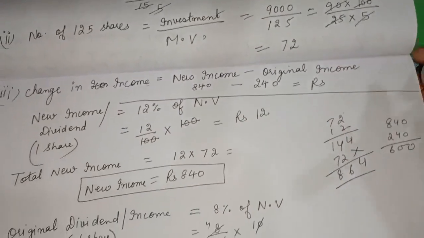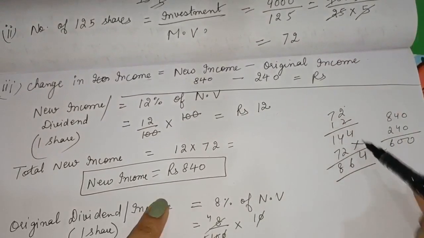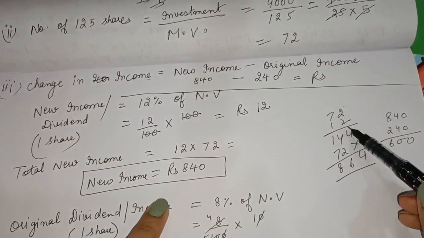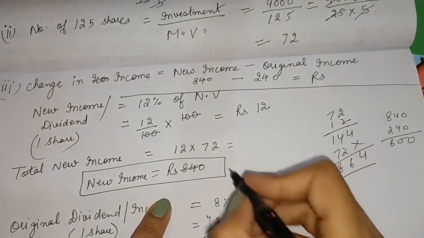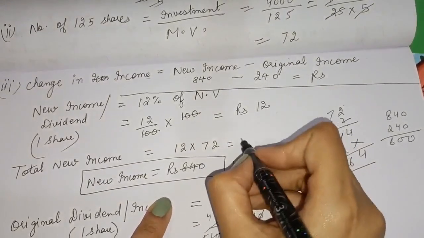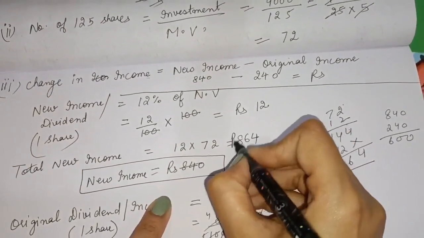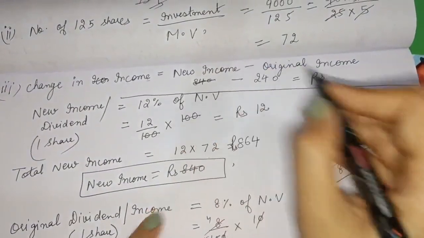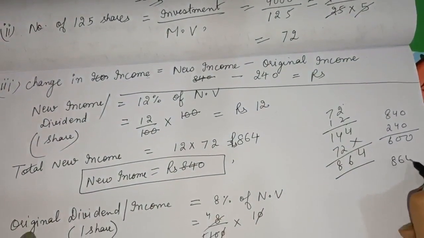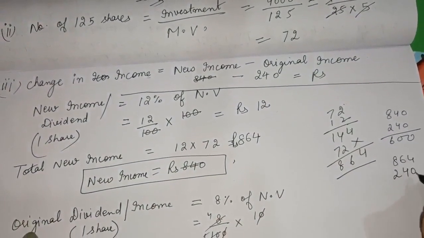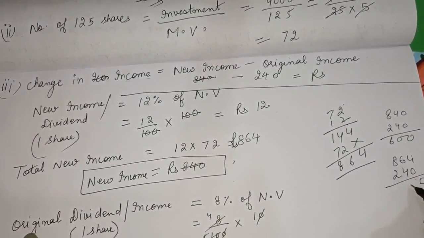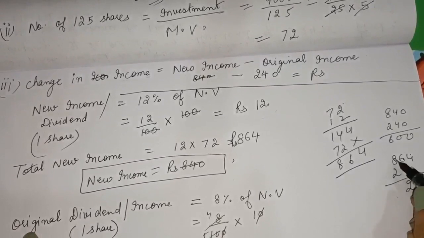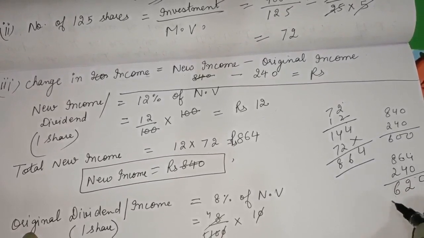One second. New income was 864, 72 into 12. This was by mistake that I wrote it. So this is 864. So 864 minus 240. 6 minus 4 is 2, and 8 minus 2 is 6.